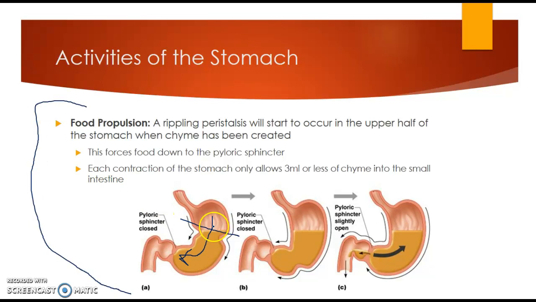Each contraction of the stomach only allows a very small amount of food to enter at a time. Three milliliters or less of that chyme is going to go through that pyloric sphincter and enter into the small intestine. We'll talk about why that is later, but it is really important that we only allow three milliliters or less in at a time.